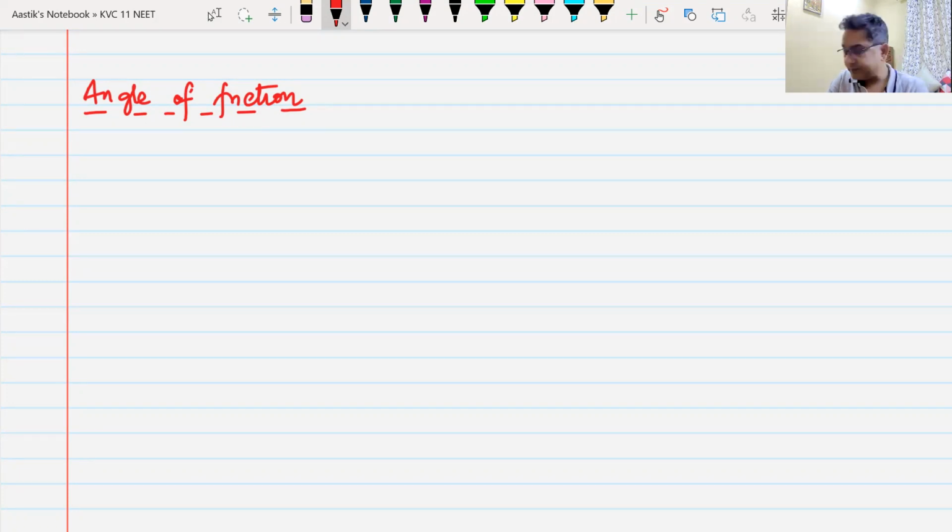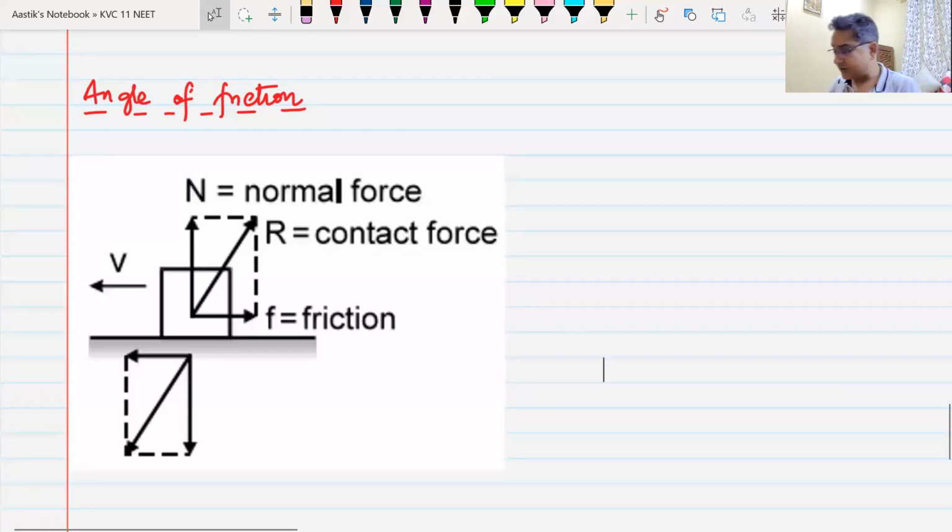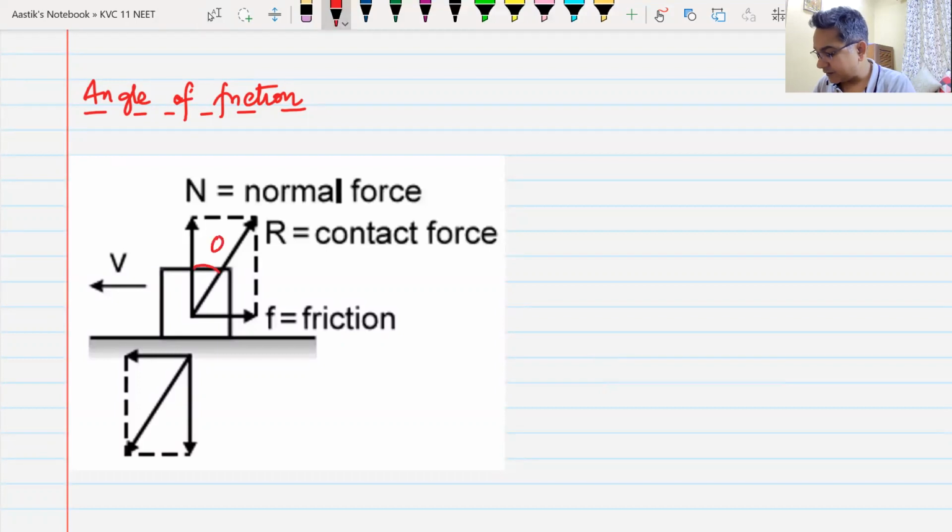We'll have to again draw that diagram. Angle of friction in this case. Remember, this was the angle of friction. And I told you that for angle of friction, tan theta is equal to F divided by N. Yes or no?